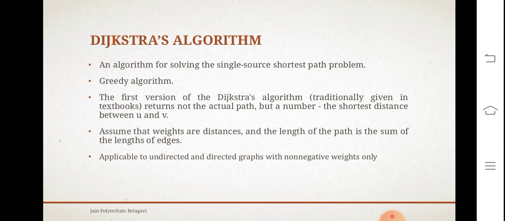In this section we consider the single source shortest paths problem: for a given vertex called the source in a weighted connected graph, find shortest paths to all its other vertices. It is very important to stress that we are not interested here in a single shortest path that starts at the source and visits all other vertices.